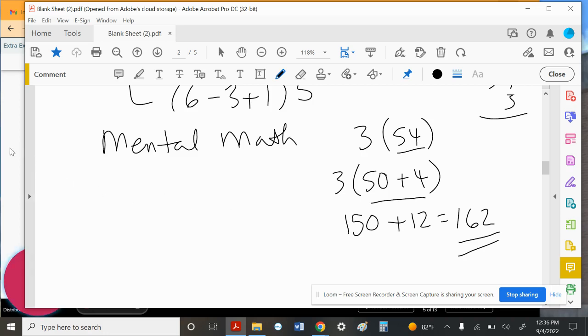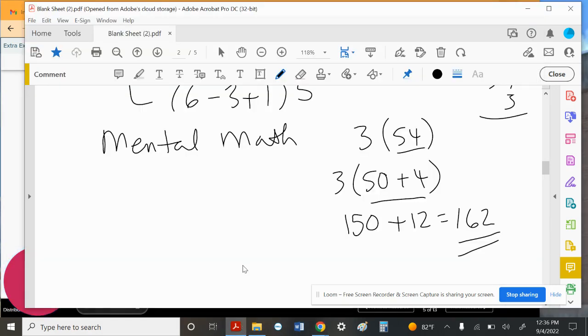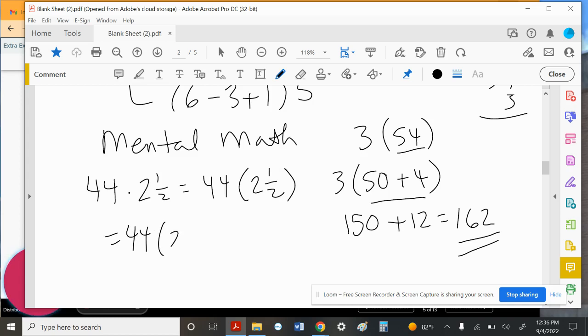So for mental math, for this one, 44 times 2.5. Well, first we have to remember how to write 2.5. If I'm multiplying, that's the same thing as doing this. If you remember, 2.5 means 2 plus 1/2. So I changed it into a problem similar to this mentally.